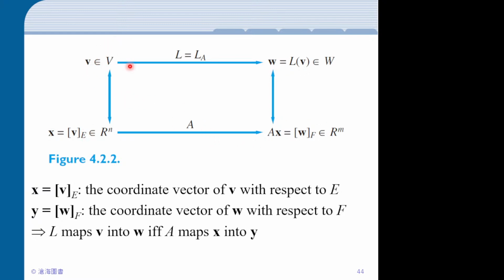Think about vector spaces V and W, and a linear transformation from V to W, this arrow L. We found that we can use coordinates to transform between V and Rn and between W and Rn, because there is a unique one-to-one correspondence between the coordinate vectors and the vectors in V, and likewise for W. So you fix the basis, and you have this one-to-one correspondence between Rn for V and Rn for W. And then from Rn to Rn, you have the transformation A. We found that this A corresponds to your L. And this is one-to-one, so you get mapped by A if and only if you get mapped by L here.